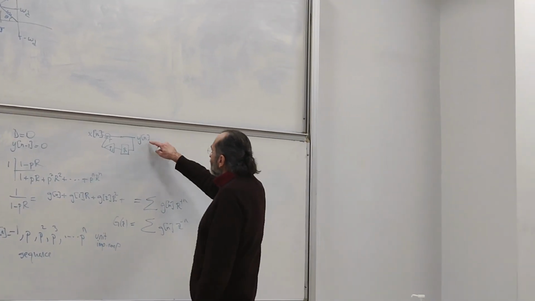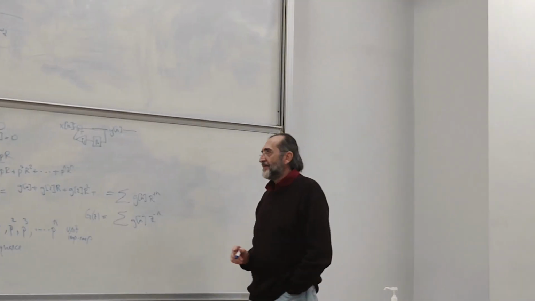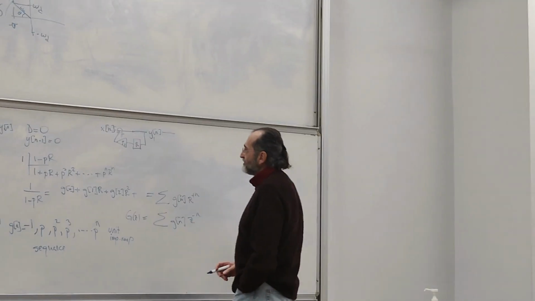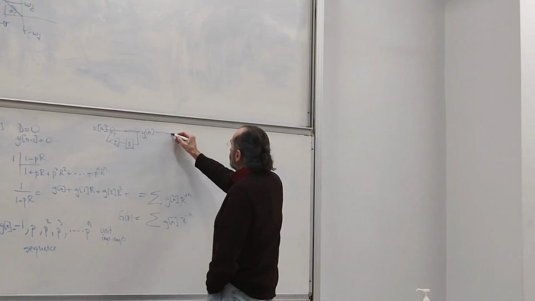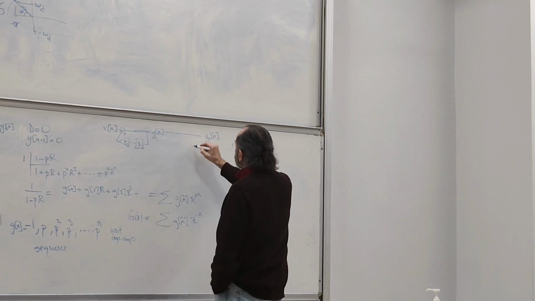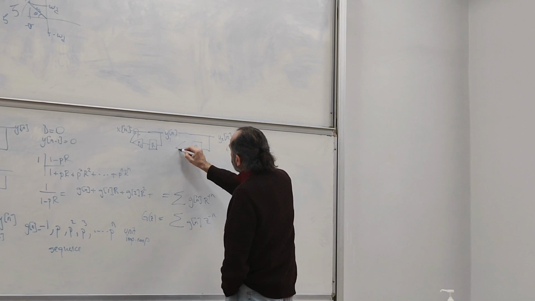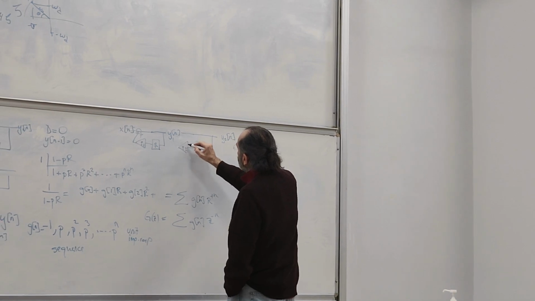So now what I do is I take that y of n, call it y1 of n, and I use that as an input to y2 of n. And I repeat the same thing, R, with a second pole, p2.